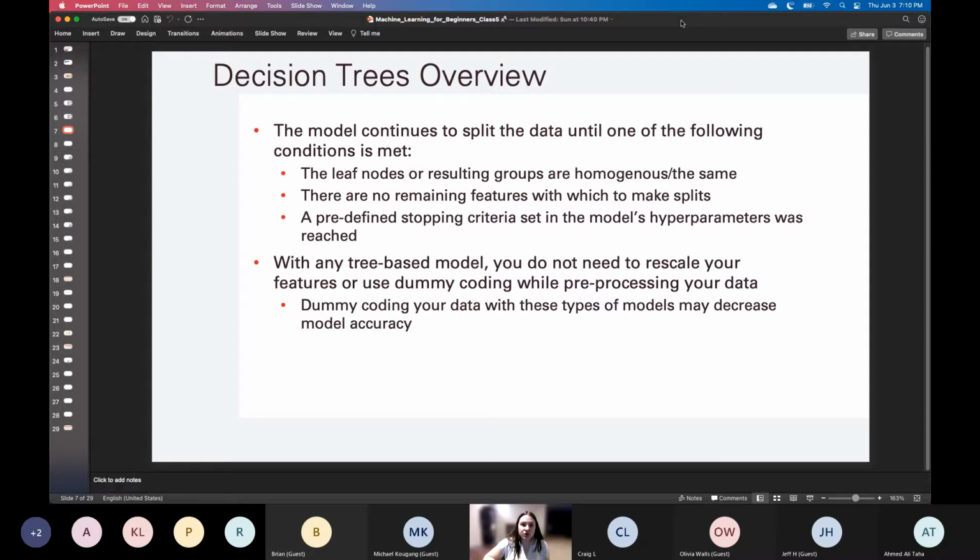Often you're told to dummy code your categorical variables and to rescale your continuous values. It's actually better not to do this with any tree-based model. So decision trees, random forest, or gradient boosted trees.